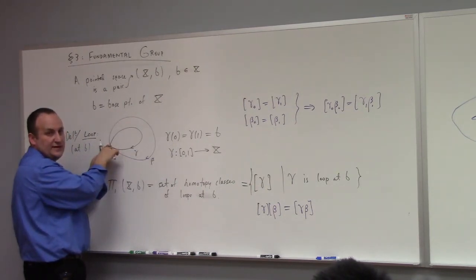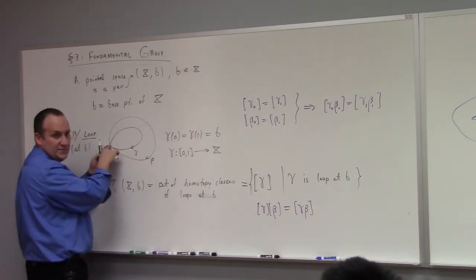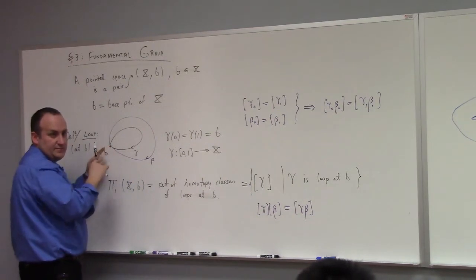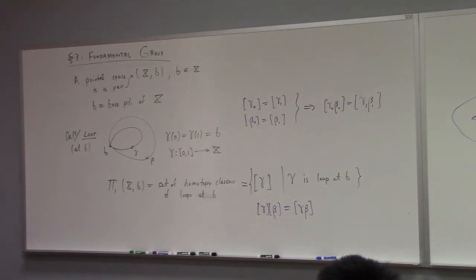We started and ended at B, half the time, another half the time, full time 0 to 1. So run two loops one after the other, you still get a loop. Otherwise, our construction of the set of homotopy classes with fixed endpoints, all of that stuff we did last time still goes through. It's just that now the fixed endpoints are the same point, which is the place we're basing our loops at.